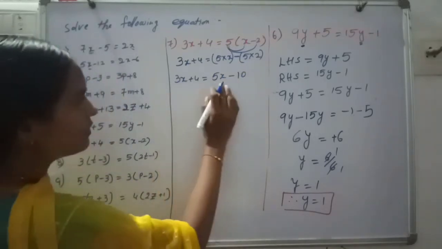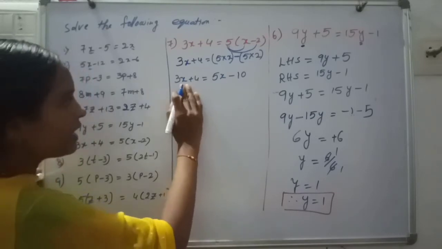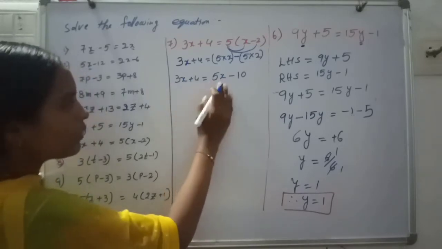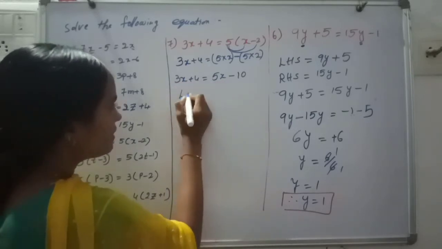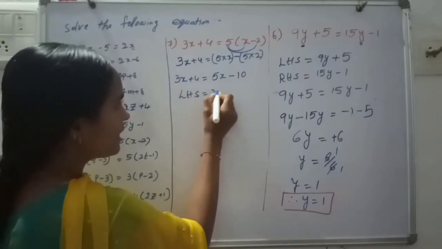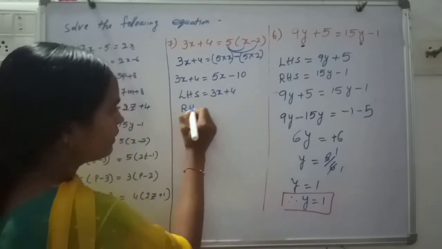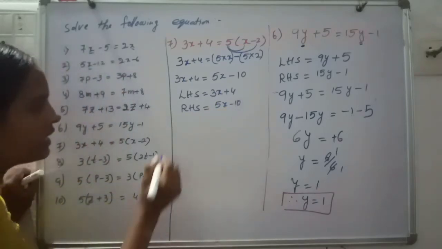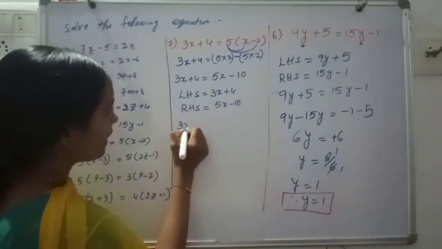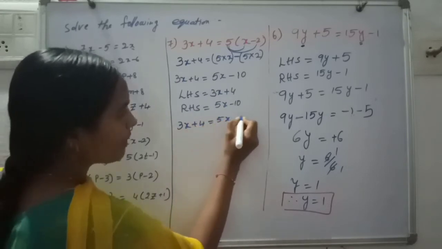Okay, it is the value of terms x. Simple equation, x terms are having here. Now write here LHS side and RHS side. LHS equal to 3x plus 4 and RHS equal to 5x minus 10. Okay, now in the given value 3x plus 4 equal to 5x minus 10.